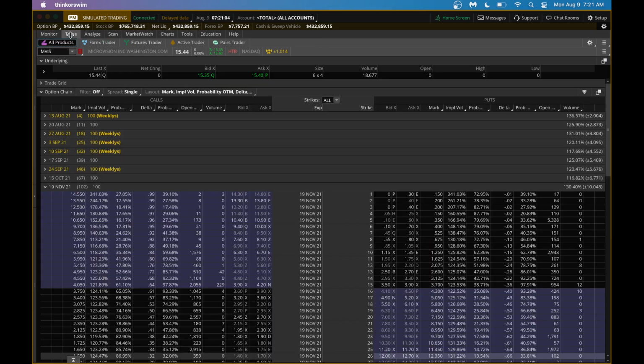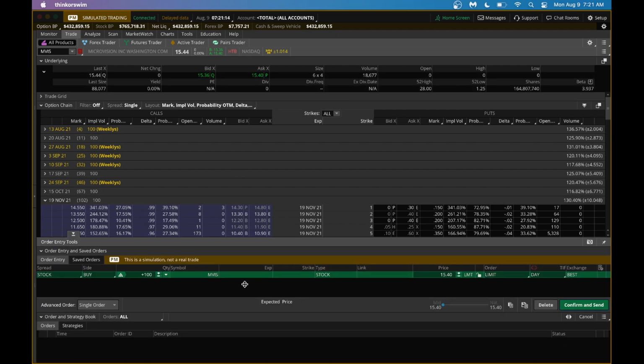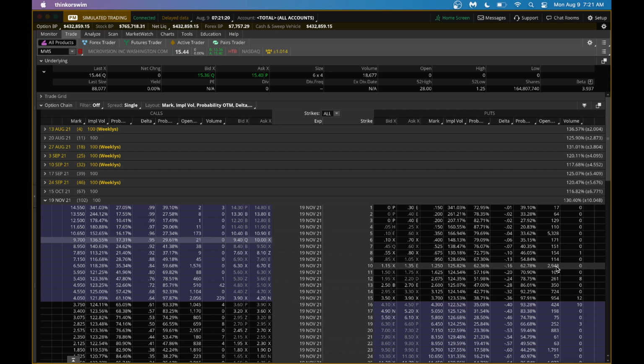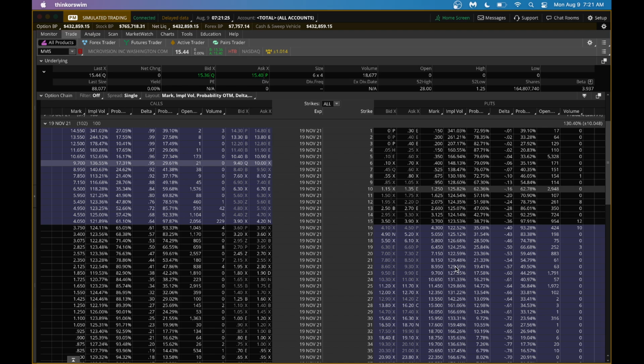So with that, let's go to the option chain here and say MVIS. Typically, if you want to buy stock outright, you could just click on ask here and buy some stock outright. So you'll pay $15.40, and that's one way to invest. But if you want to buy a call option, I would recommend going to delta 70 at least or higher.